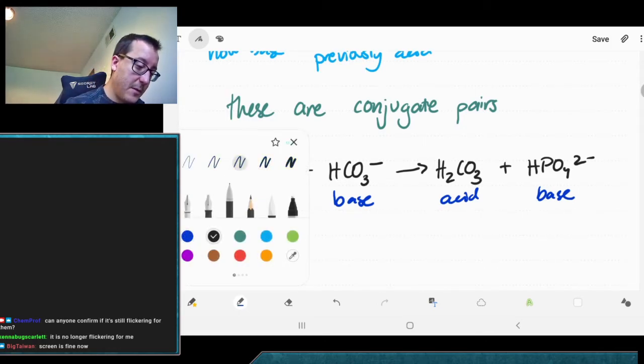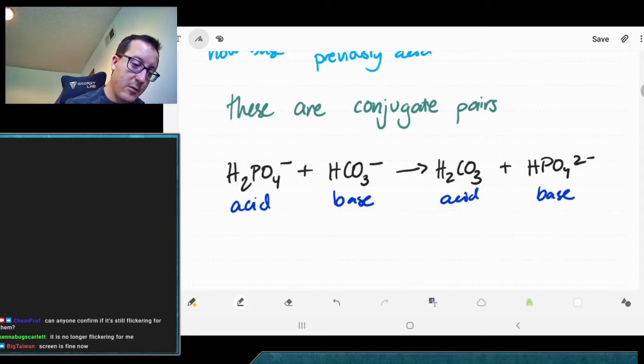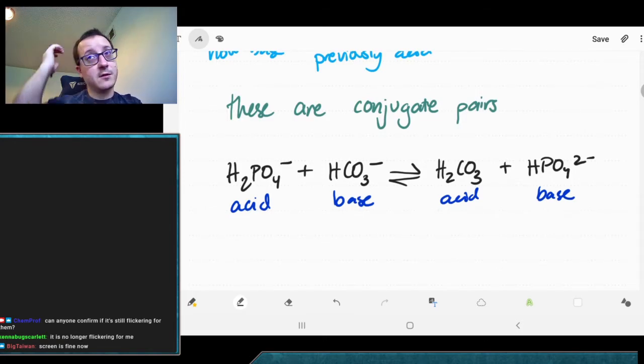What we typically would see, by the way, is this represented with a special type of arrow that unfortunately we don't talk about in this course, though I think we should, but it's not on our list of topics. Suffice to say, this reaction can go back and forth. So it goes both ways. And as a result, in one reaction going forward, we have our acid and base. But if we go backwards, we have a new acid and base.